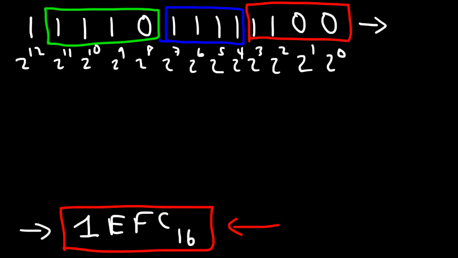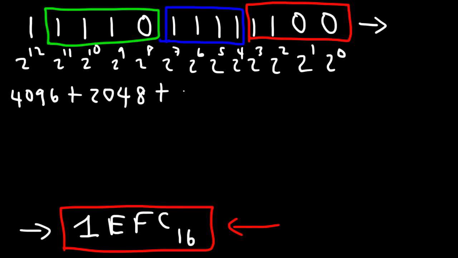So we have a 1 associated with 2 to the 12. So 1 times 2 to the 12, that's going to be 4,096. And then we have 2 to the 11th, which is 2,048.